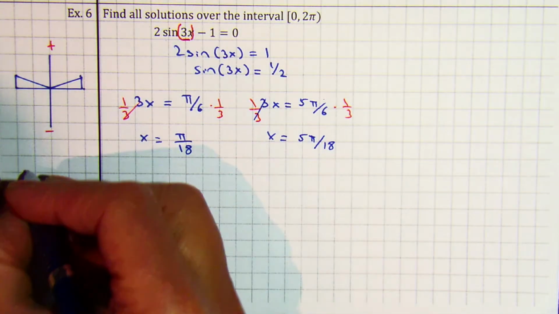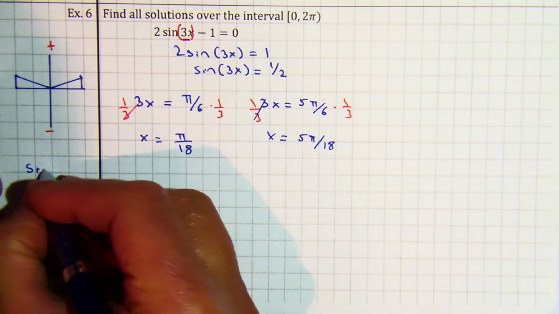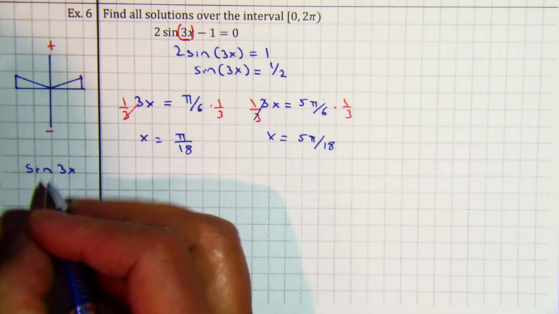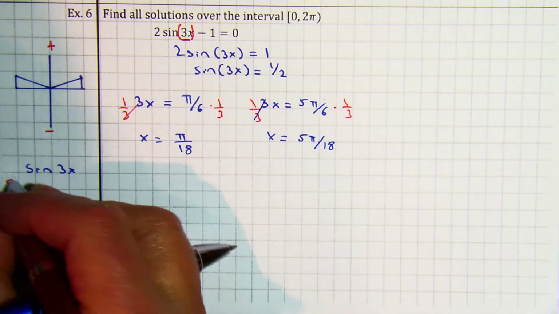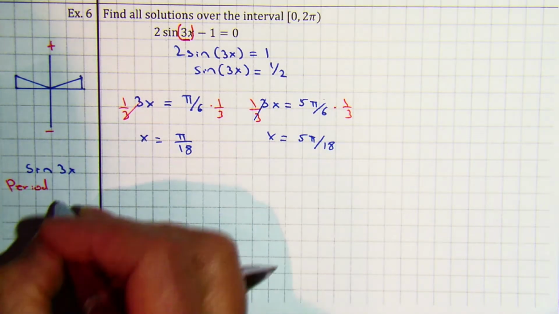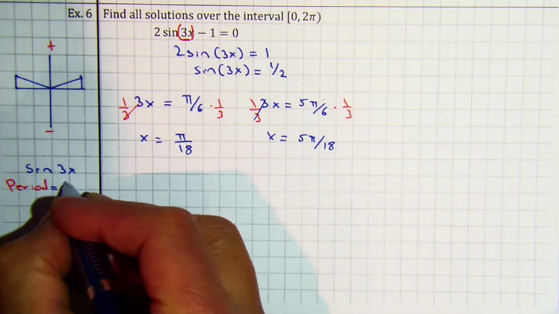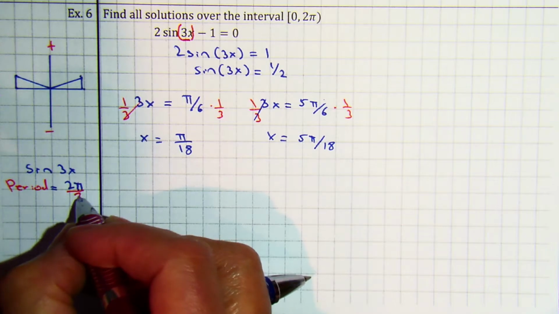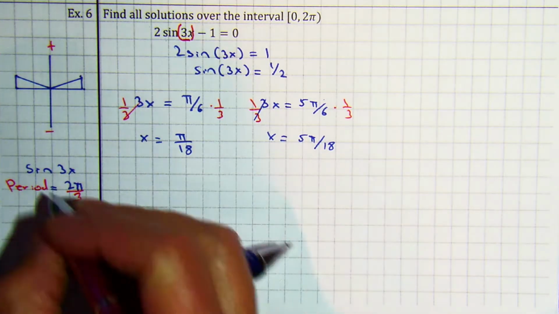Now, what is the period for the sine of 3x? The period is 2 pi over b. So in this case, it will be 2 pi over 3, since that is your b.